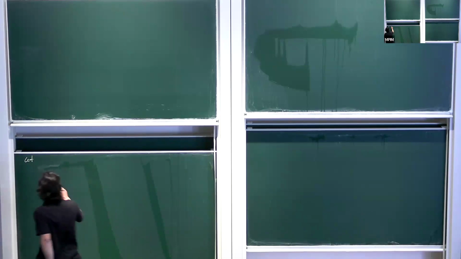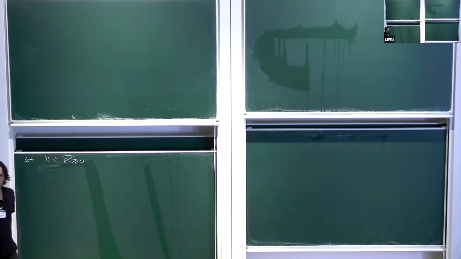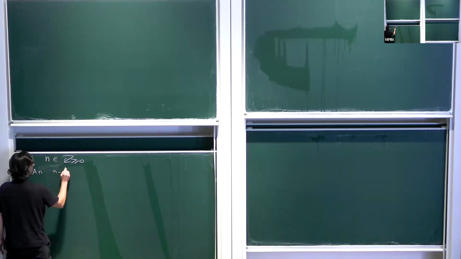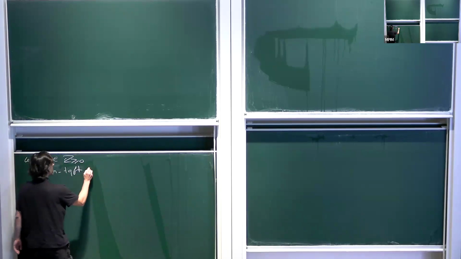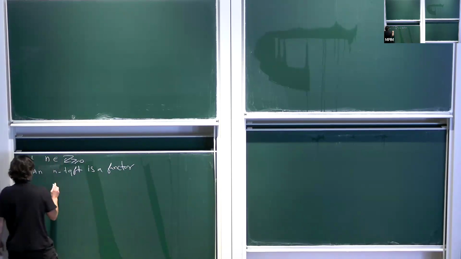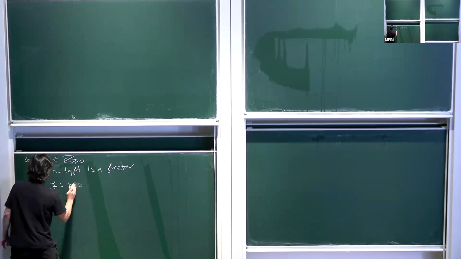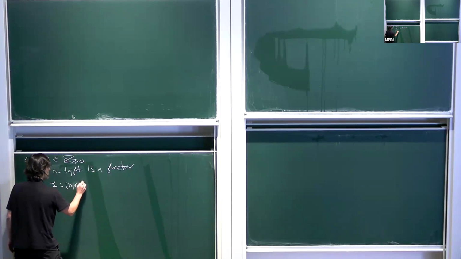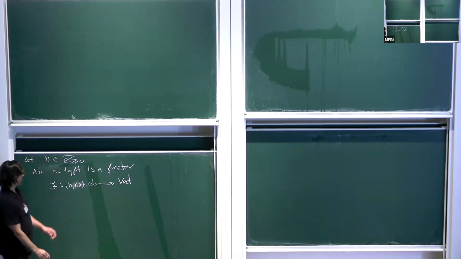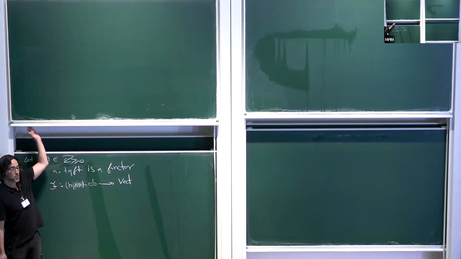So let N be a non-negative integer, for the rest of the talk. A TQFT is a functor F from N plus 1 Cob into Vect. I write N plus 1 so that I can say my N is the dimension of space, and N plus 1 is the dimension of space-time.